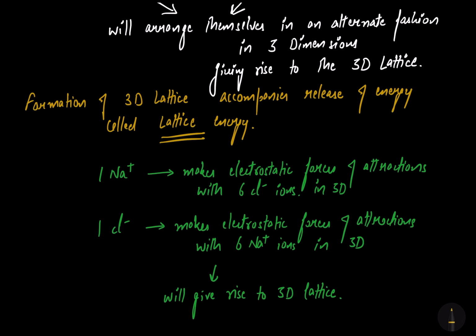There I am going to show you a completely drawn NaCl structure, where I will prove that one Na positive makes ionic bonds with 6 Cl negative, and one Cl negative makes ionic bonds with 6 Na positive, due to which a very large number of lattices are formed, and a huge amount of lattice energy is released, which favors the formation of ionic bonds.